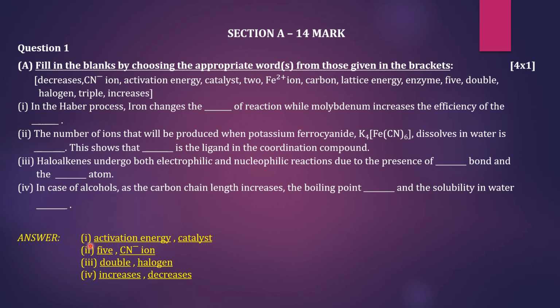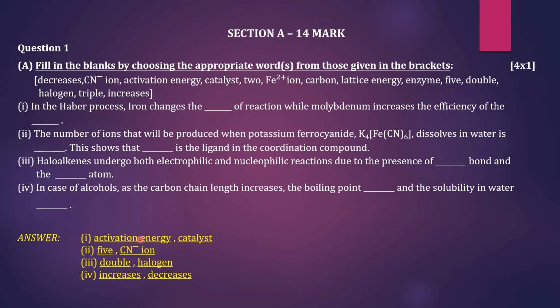In spite of being correct, you will not get any marks, because in that case you are not making clear whether you are writing activation energy for the first blank or for the second blank. So in this type of situation, the best advice is, if you are writing activation energy for the first blank, write activation energy, underline it, give a comma, and then in the second blank you just keep it blank, or even if you write a wrong answer, you will get the half marks for the first correct one.